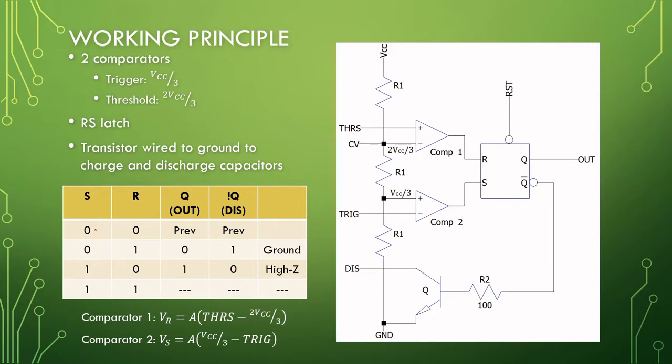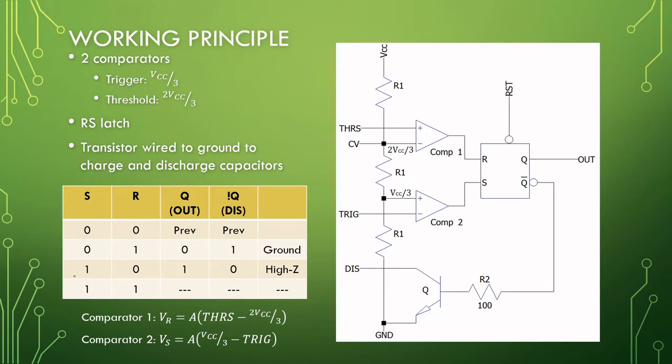So the truth table for the RS latch: if both are 0, it remains in the previous state. If R is 1, we go to a reset state, so Q naught becomes 1. Okay, so this is a high into a resistor and switches on this transistor here. So basically, our discharge becomes a ground if we neglect the resistance of this transistor.